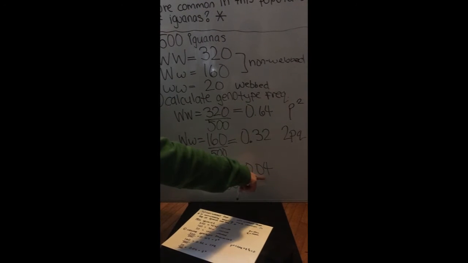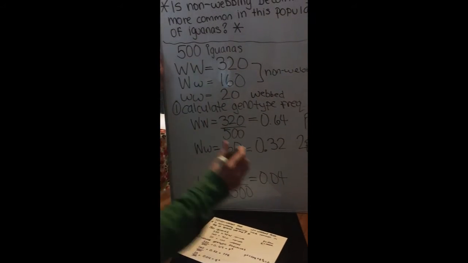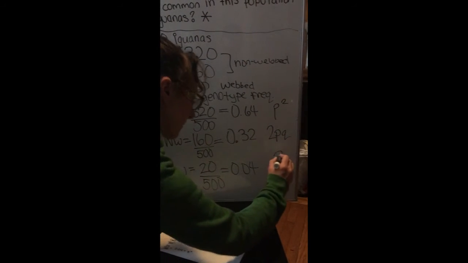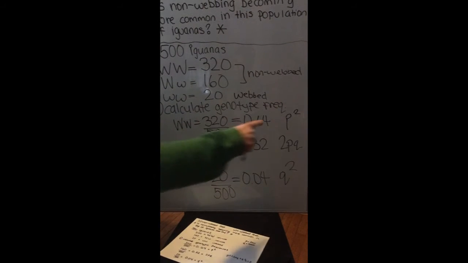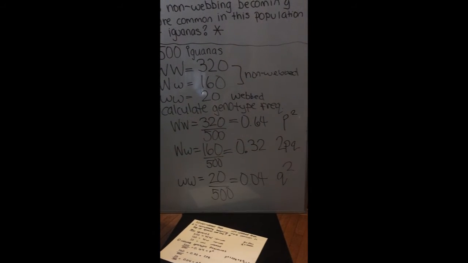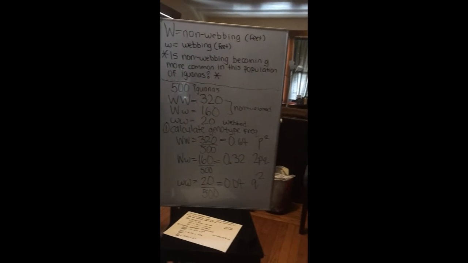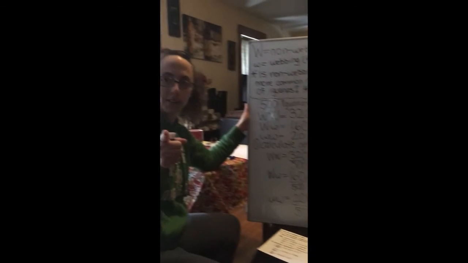So 4% of the population of 500 iguanas had webbed feet. This is q squared. And just to check your math, you want all of these 3 values to add up to 1. If you add these three values, they do add up to 1, so you know you did your math correctly.